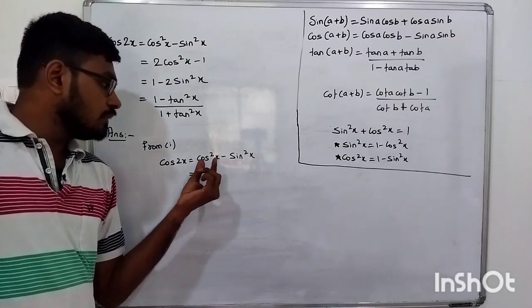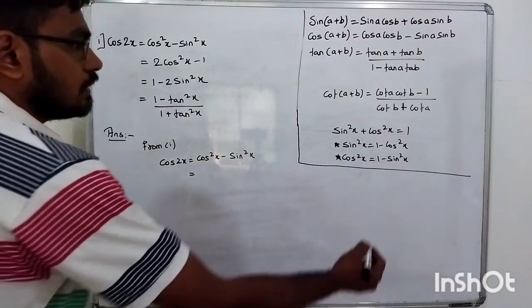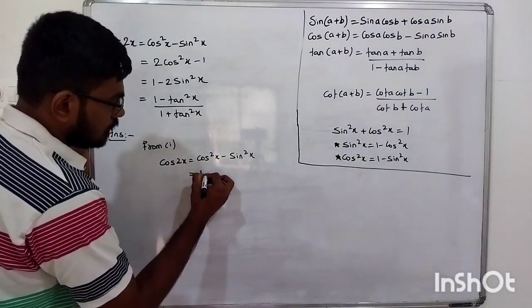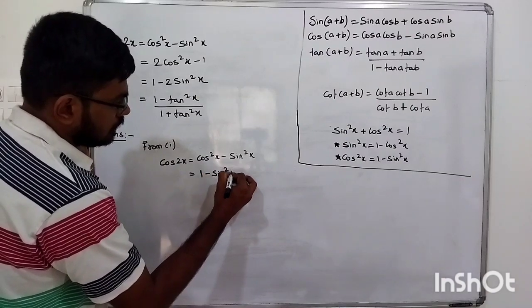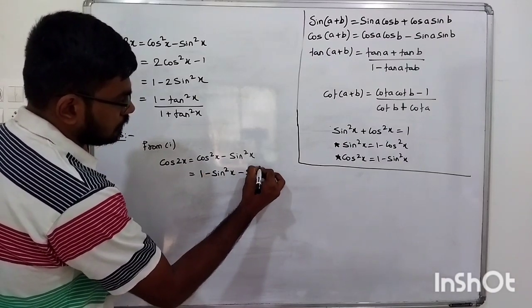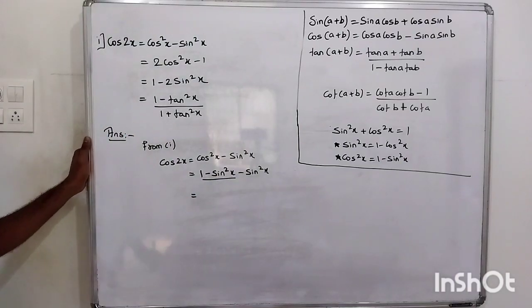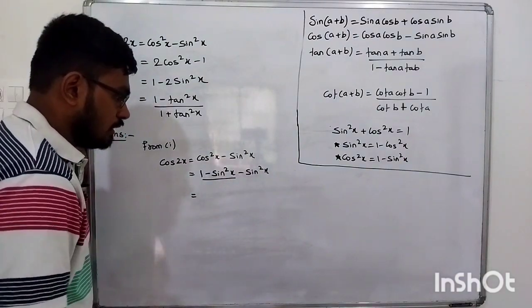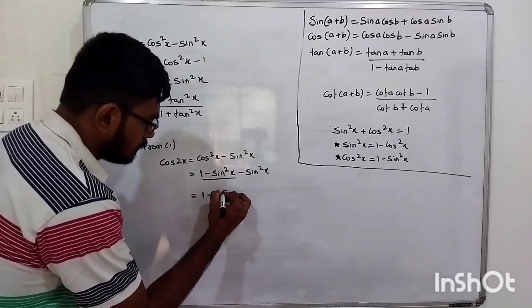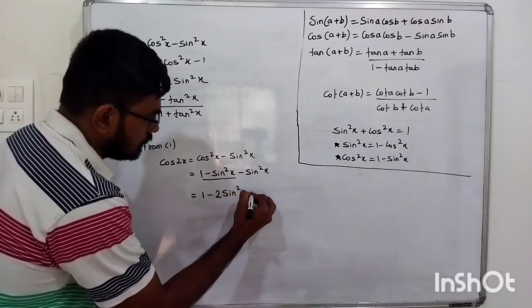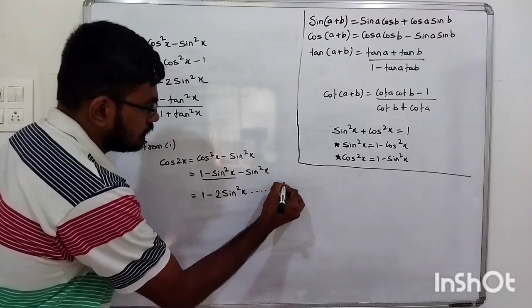Now in place of cos square x, I will write 1 minus sin square x. So I'll get 1 minus sin square x minus sin square x. In place of cos square x, I wrote 1 minus sin square x, which is equal to 1 minus 2 sin square x. So this is the third formula which we have derived.